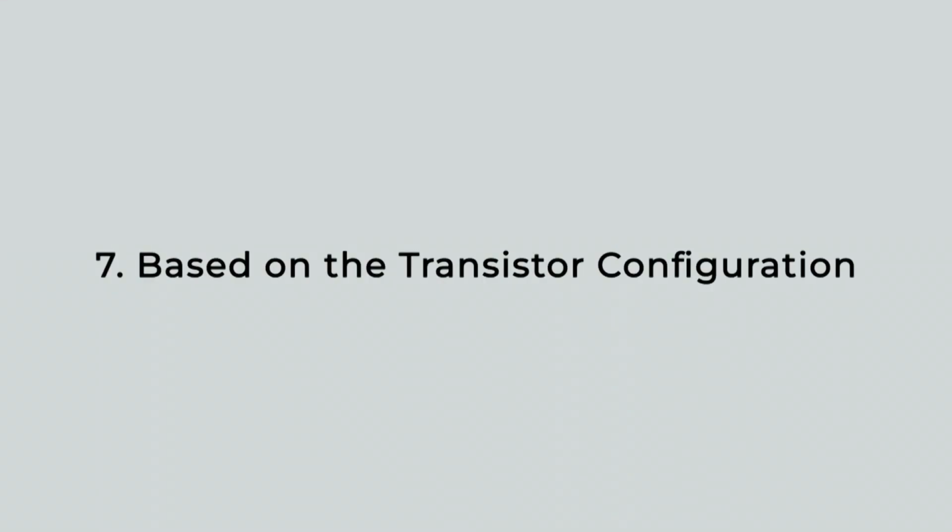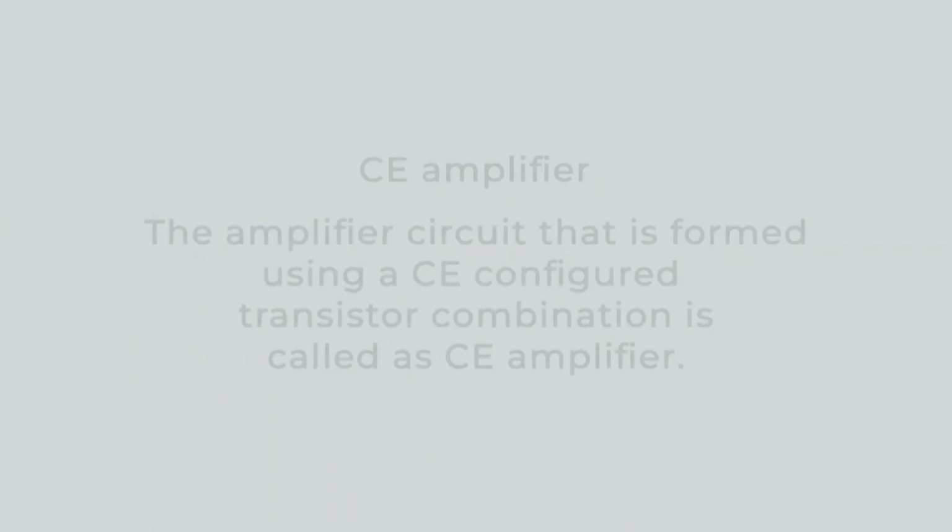Now, next subdivision is based on the transistor configuration. Depending upon the type of transistor configuration, there are 3 types of amplifiers: CE amplifier, CB amplifier and CC amplifier. First one is the CE amplifier.